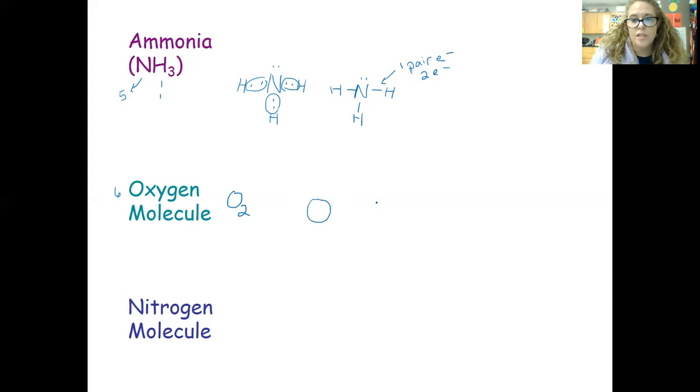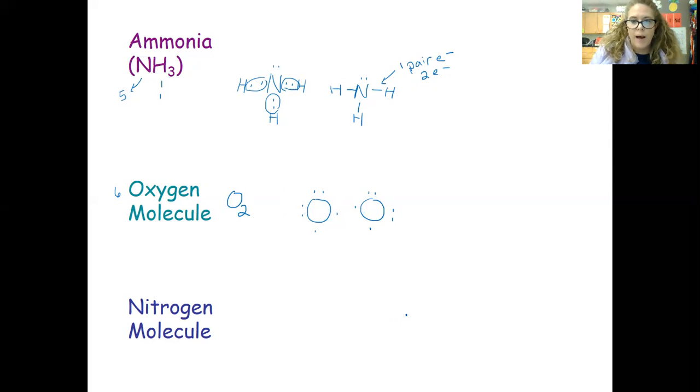I've got 2 oxygens, and they each have 6 valence electrons. 1, 2, 3, 4, 5, 6. And since I like to circle things between, that's why I put that one over here instead of over here. So now 1, 2, 3, 4, 5, and 6. So those have 6 valence electrons.